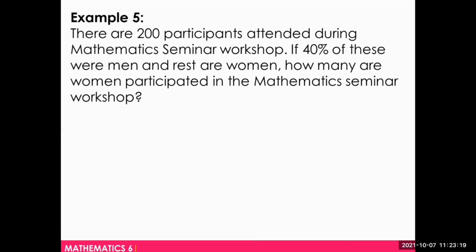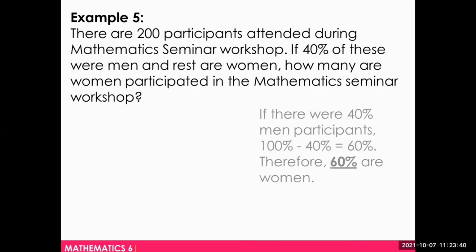Example number 5. There are 200 participants attended during mathematics seminar workshop. If 40% of this were men and the rest are women, how many are women participated in the mathematics seminar workshop? So ang given natin, if there were 40% men participants, so ibabawas natin yung 40% sa 100.